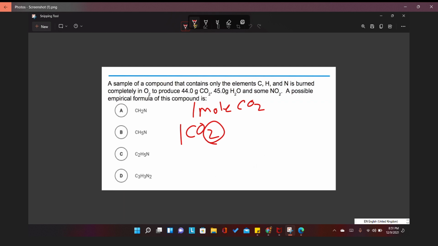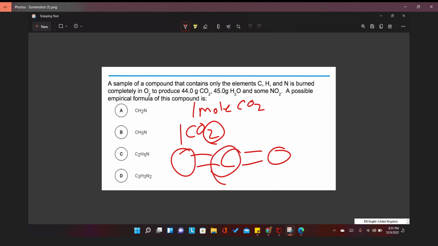And if you want more clarification on it, here's a Lewis diagram. I'm not putting lone pairs right now. Over here, you can notice that this fills the octet rule, and for every 1 C, there are 2 oxygen. That's one way to think about it.